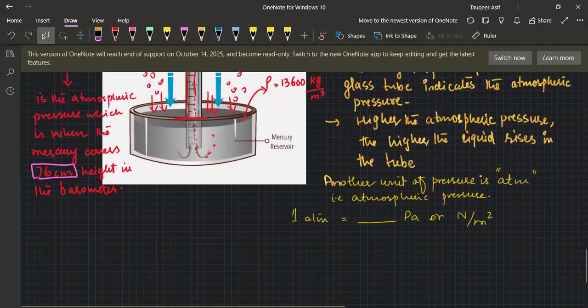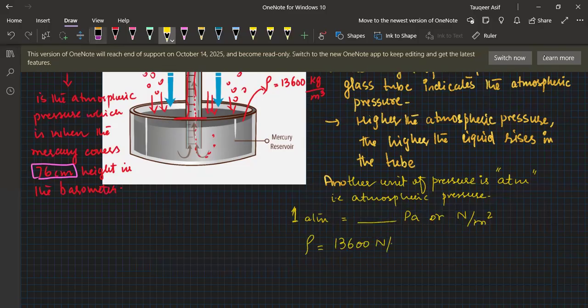So if we want to convert 1 atm to Pascal, we should have the density of the liquid, 13600 kilogram per meter cube, and the height covered in meters, which is 0.76 meters. And the strength of gravity is 9.8 meter per second square.